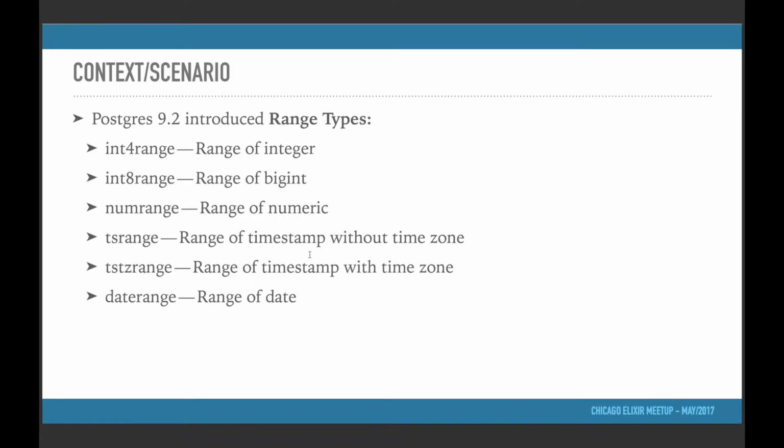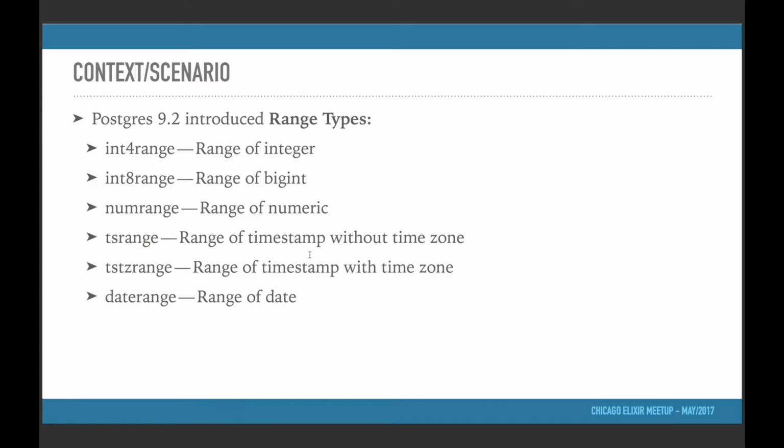So Postgres today is version 9.6, and since 9.2, Postgres allows you to have a specific data type that they call range types. You have range types for short int, long int, numeric, that's decimals.